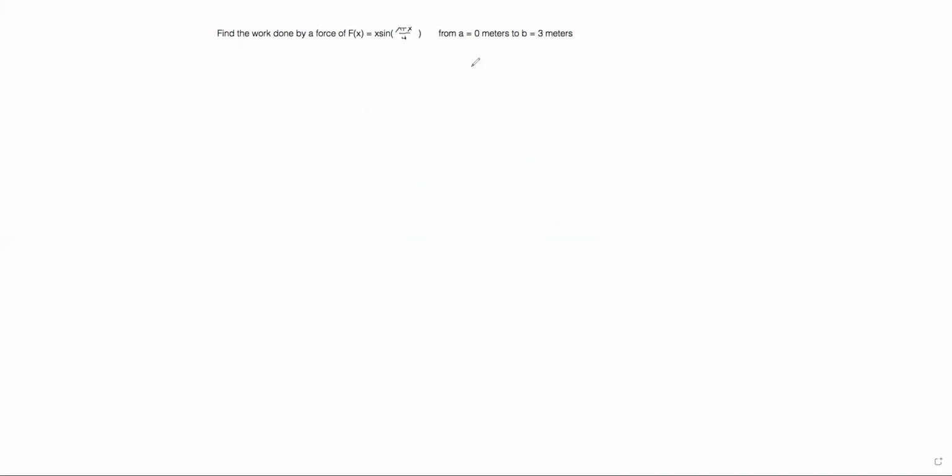So in this case, we're still going to be finding the area under the curve, but it's not going to be quite as easy, nor is it going to be quite as nice. We're going to have an area that's not going to be rectangular. We're going to have an irregular area that we're going to use integration to find the area of. So that being said, work can also be found by integrating from A to B the force.